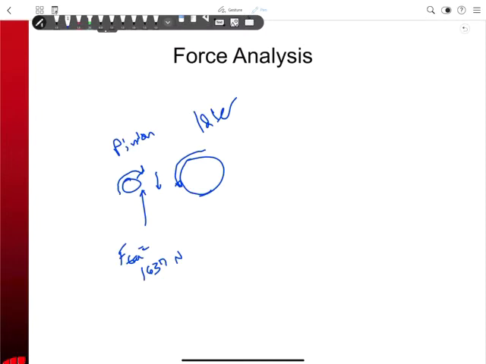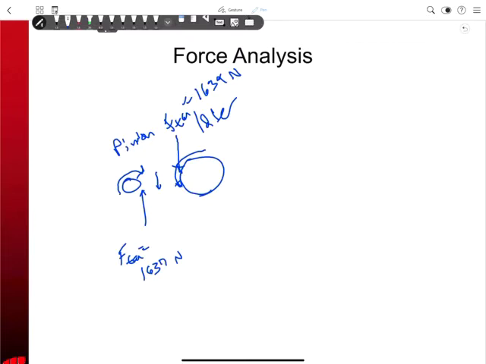So it'll go like that. So there must be an F tan there. Equals, you know what? It's got to be the same. It's got to be 1637. The force on the pinion tooth has to be the same as the force on the idler tooth, right?